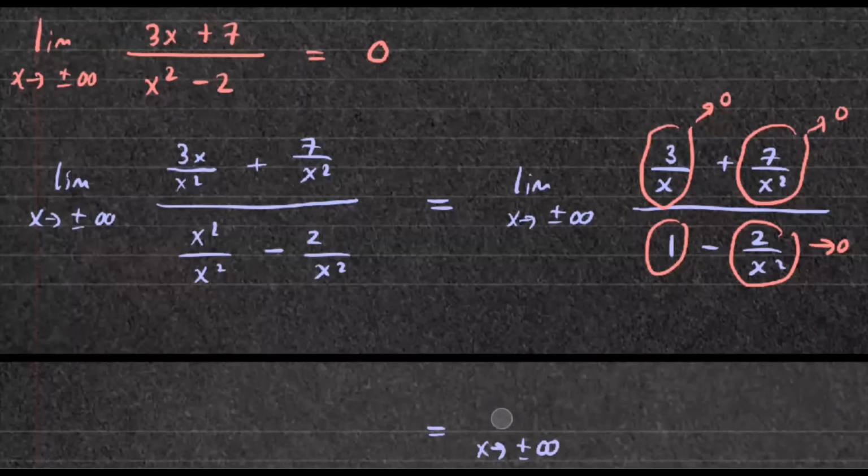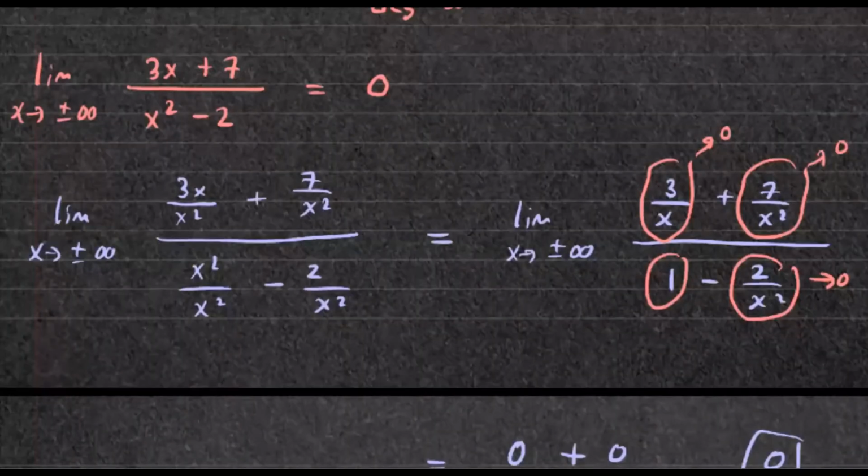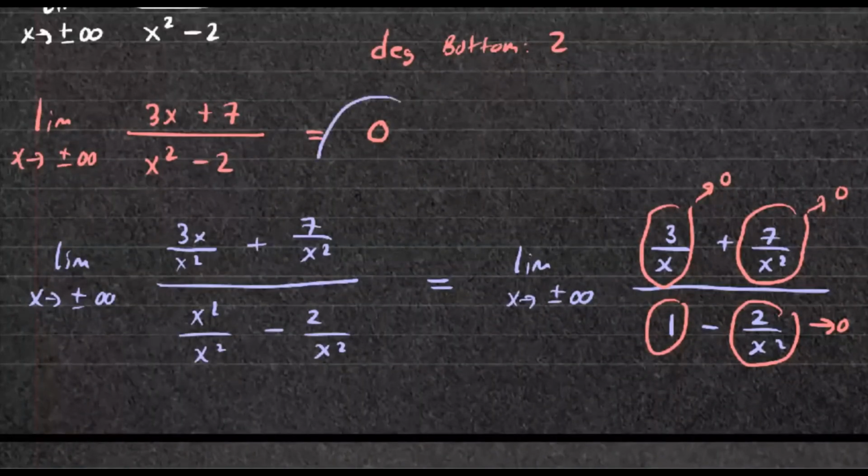So really, I don't have to write this anymore. So we have 0 plus 0 over, and the limit of a constant is just the constant, minus 0. And that's simply 0. So that's why if you just compare the degrees, you know that this limit right here will give you 0 because the bottom is growing much faster than the top.